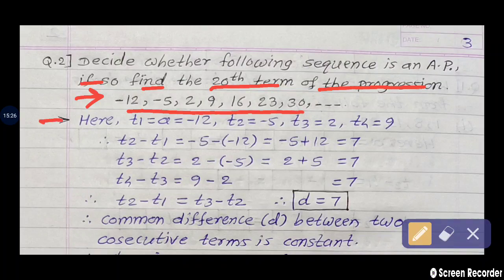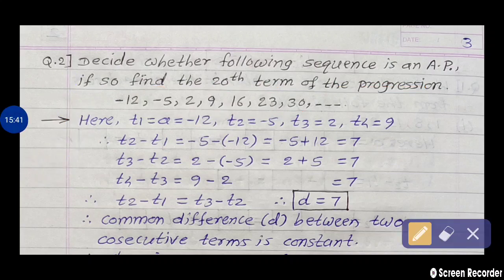So answer. First of all, we decide whether the given sequence is an AP or not, so we find the difference. Now check. The given sequence: T1, the first term, is minus 12, the second term T2 is minus 5, the third term T3 is 2 and the fourth term T4 is 9.